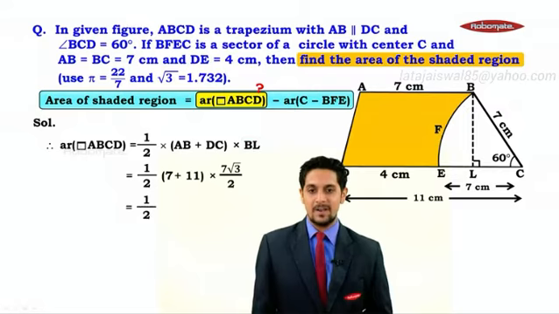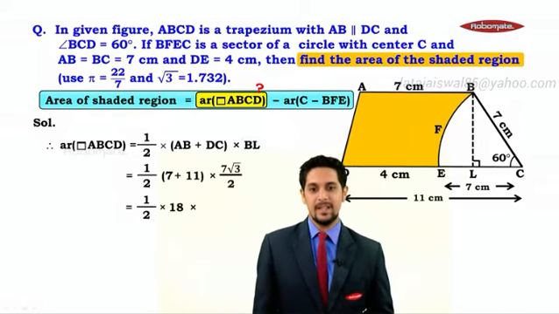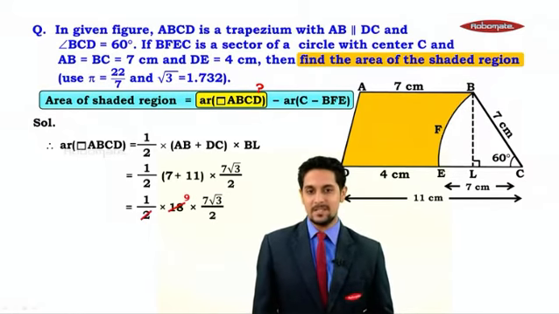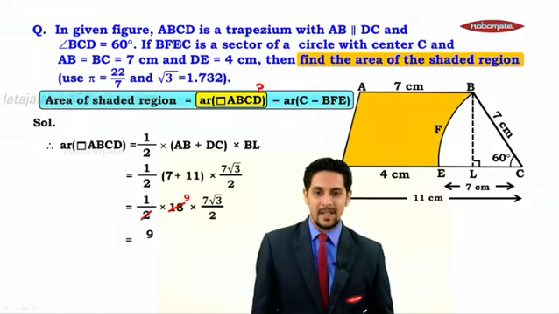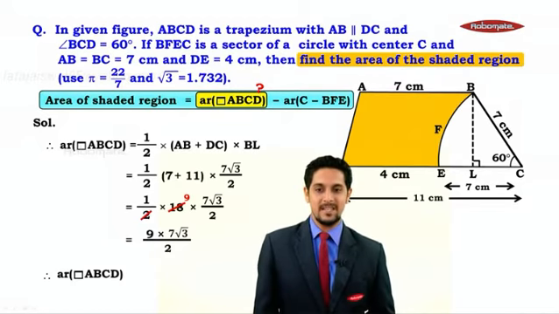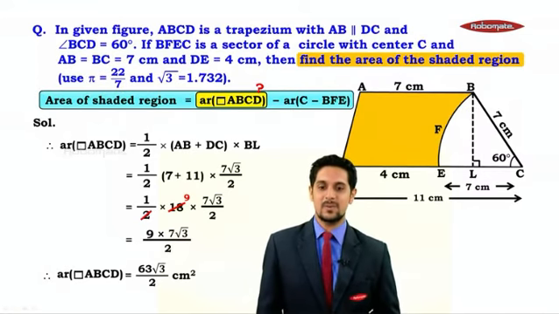This is equal to half into 18 into 7 root 3 upon 2. 2 into 1 times is 2 and 2 into 9 times is 18. Further, we can write it as 9 into 7 root 3 upon 2. Now students, we get the area of the quadrilateral ABCD is equal to 63 root 3 upon 2 centimeters square.